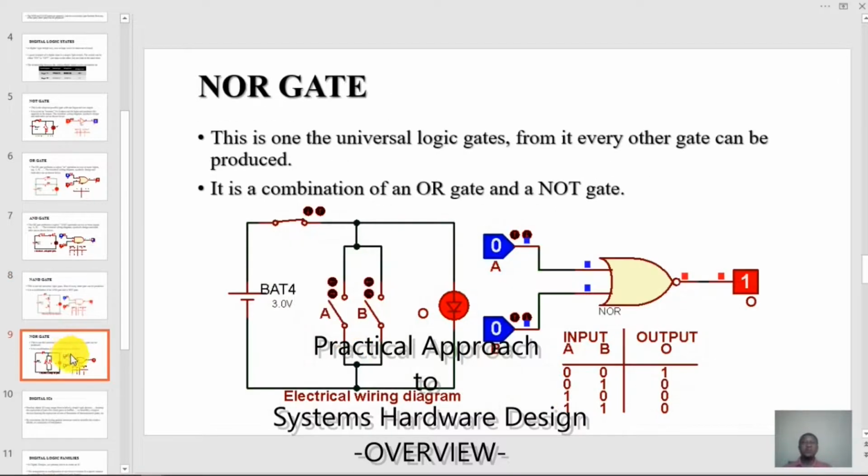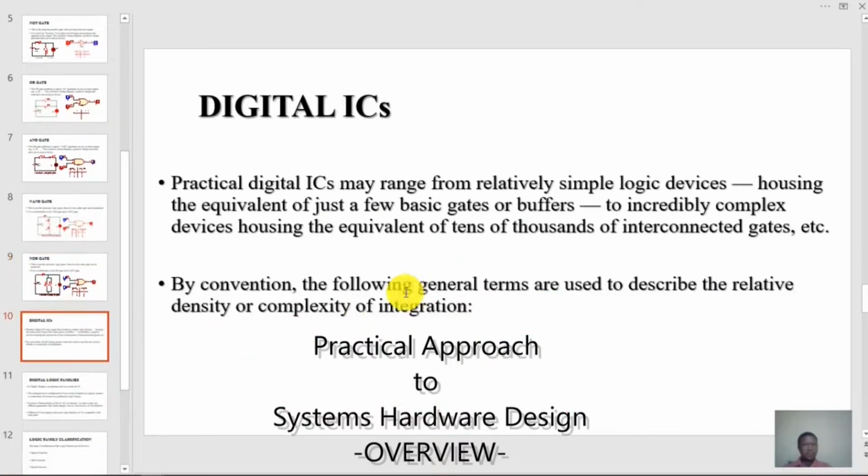For the NOR gate, you just add a NOT to the OR gate. Just NOT the OR gate, you have a NOR gate. This is equally how the chip is, and the output is equally this. So that's the NOR gate.